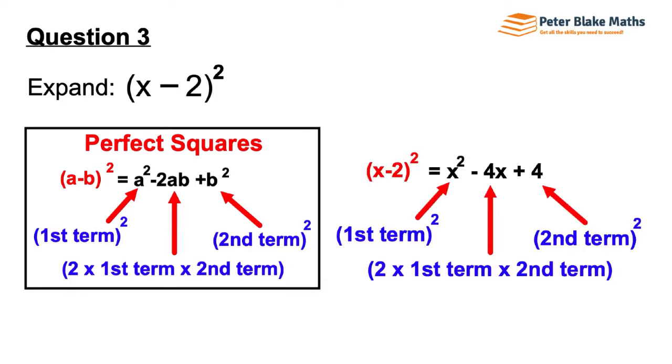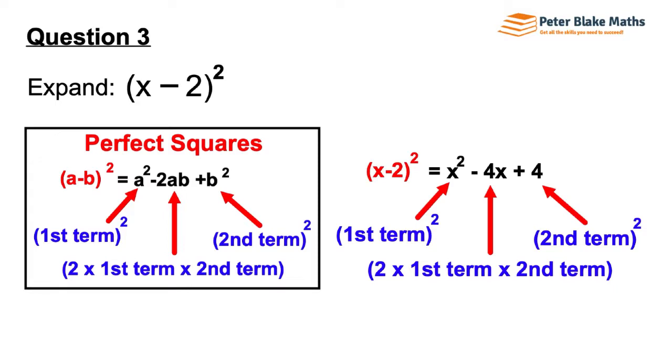So if we follow that for our (x - 2)², our first term is the first term of our bracket being squared. In this case it's x squared. Now have a look at our middle term here. It's minus 2 lots of x lots of 2, which turns out to be minus 4x there, trust me.